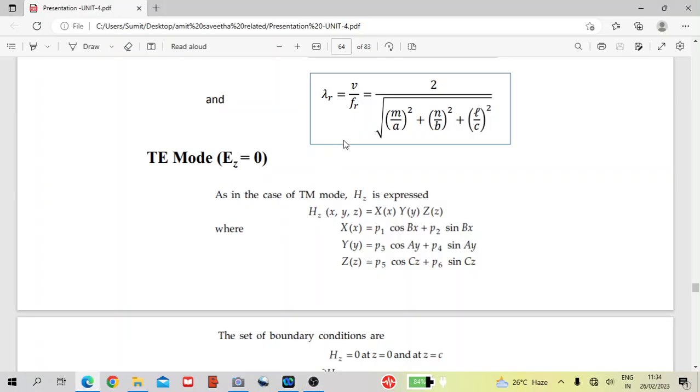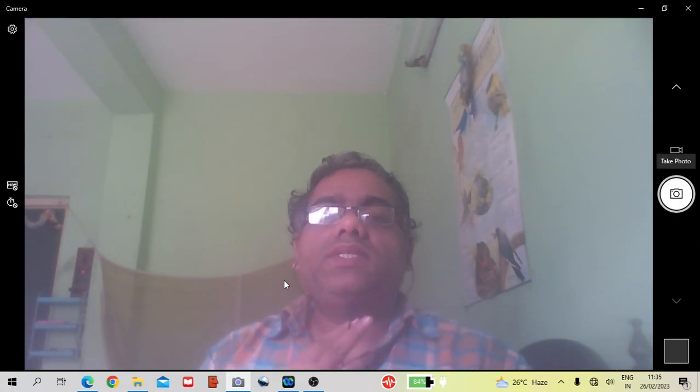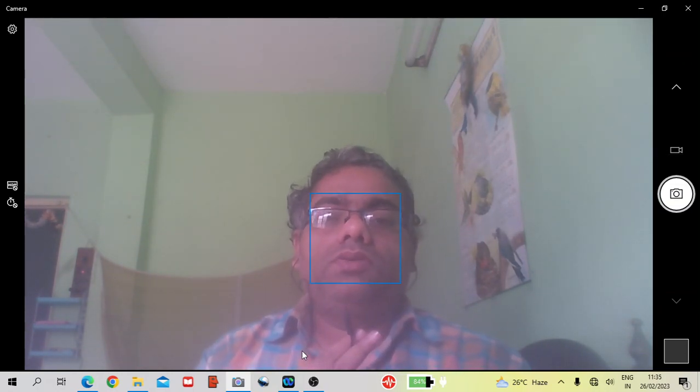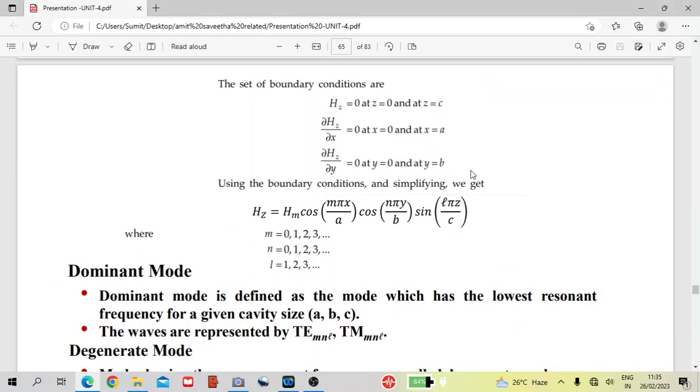Now we can find the equations for Hz in a similar process. You see the process is the same, only we have to remember which component to equate to what. That is all we were doing. Here, using boundary conditions again, we can do the following simplification.